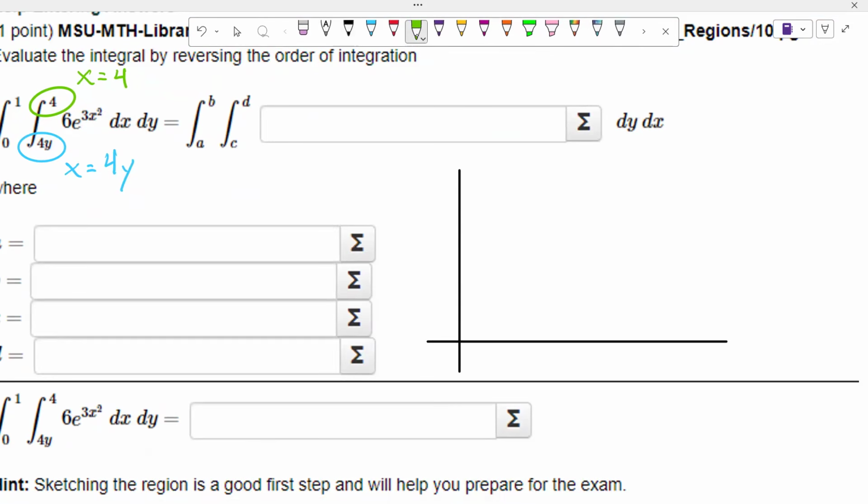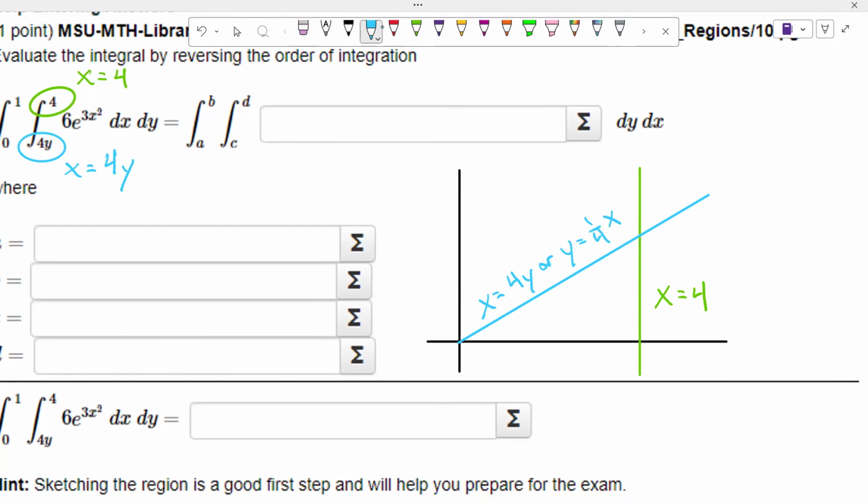So x equals 4 is a vertical line. x equals 4, that's this guy. x equals 4y is some diagonal line, something like this. Or this is y equals 1 over 4x.